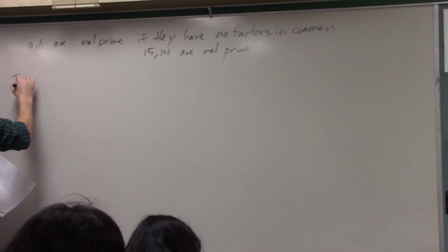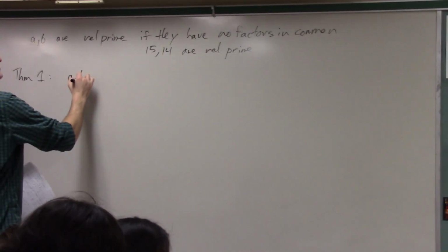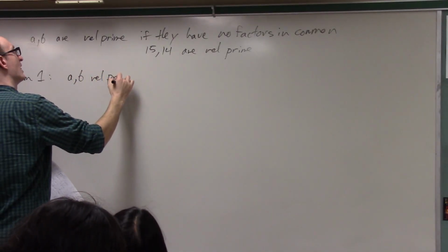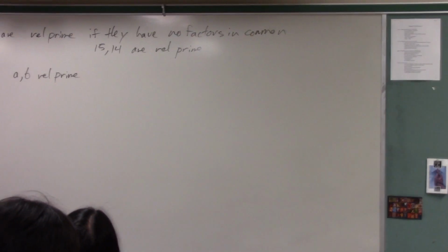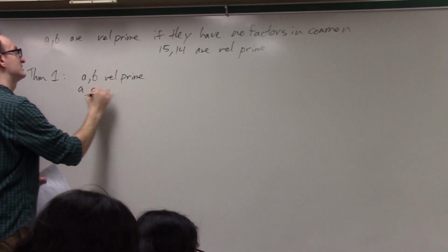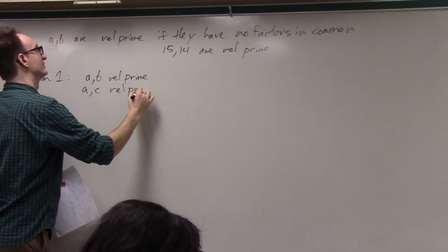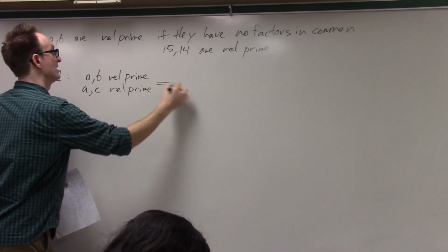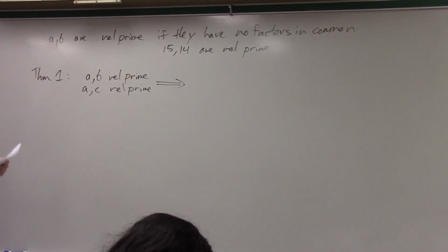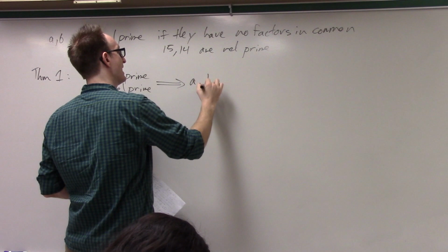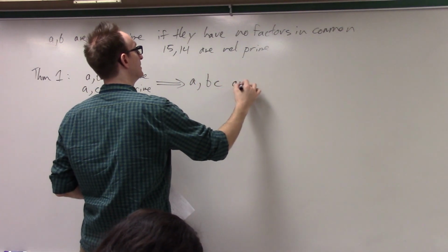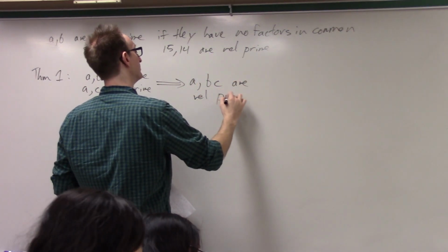Alright, so theorem 1 says, if A and B are relatively prime, so they have no factors in common, and if A and C are relatively prime, then I can conclude that A and BC are relatively prime.